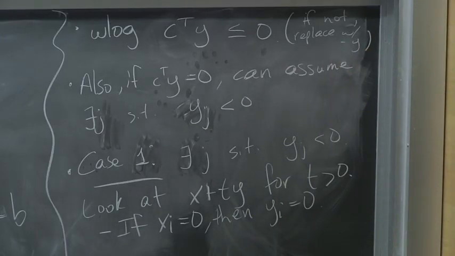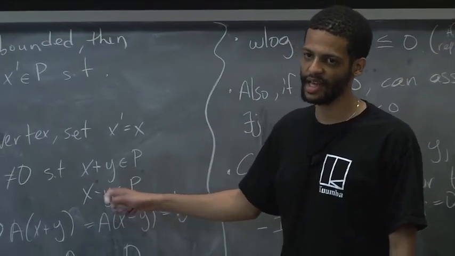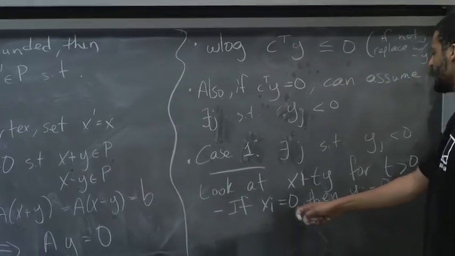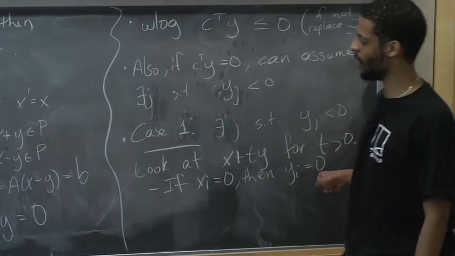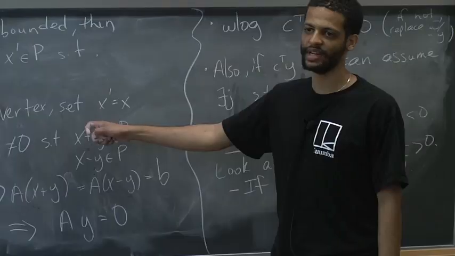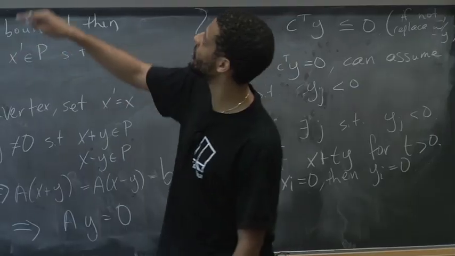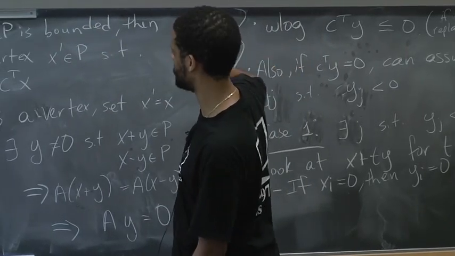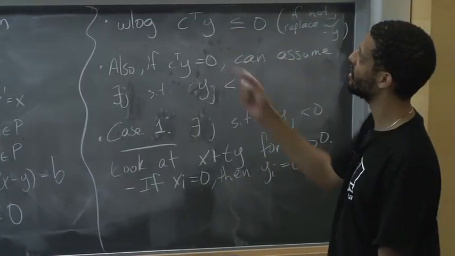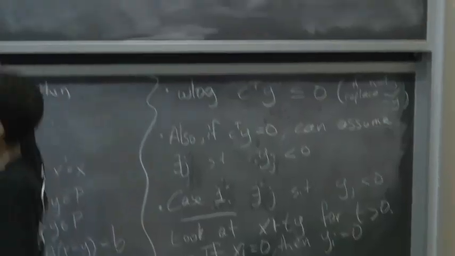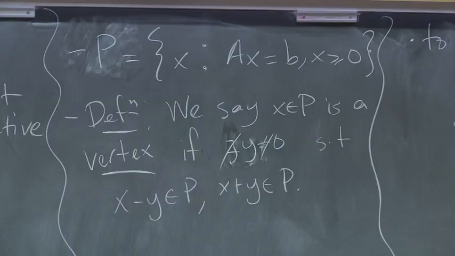That's true because I know that X plus Y and X minus Y are both in P. If Xi were 0 and Yi were not 0, one of these would make that coordinate negative, which would violate the non-negativity constraint in the LP. So that implies this.